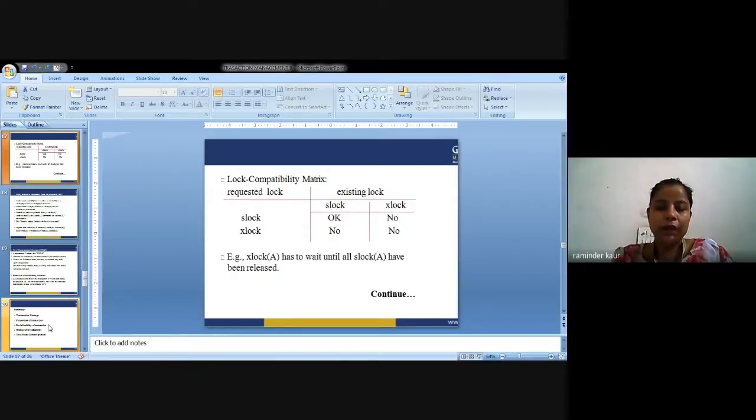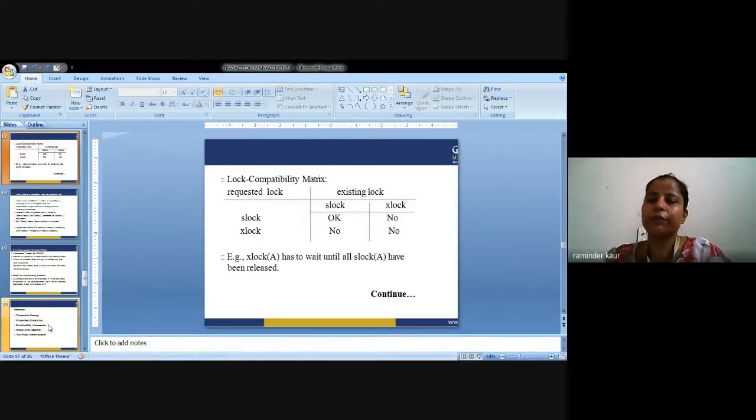Transaction T1 transfers rupees 50 from account B to account A and is defined as follows: T1, lock X(B), because from B the amount is getting transferred. Then read B, B is equal to B minus 50, write B, unlock B, then lock A, read A, A is equal to A plus 50, write A, unlock A. In this way, successful completion of the transaction is taking place.